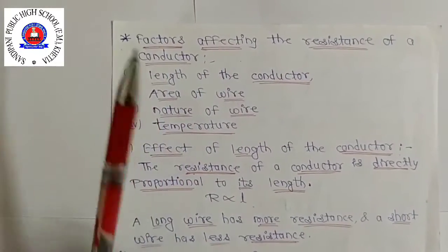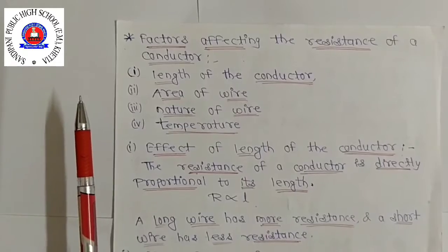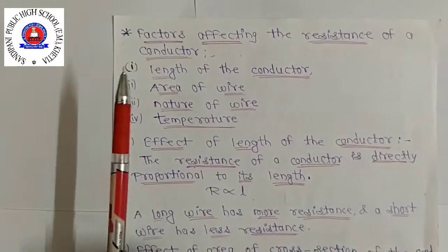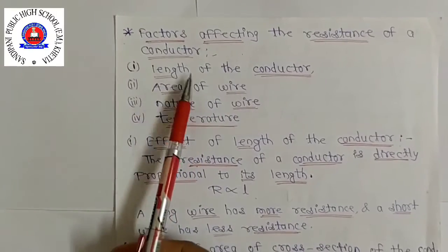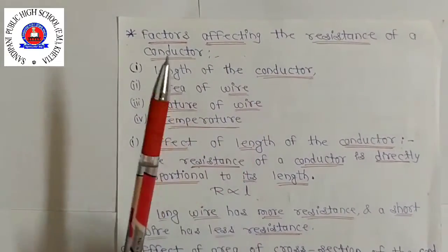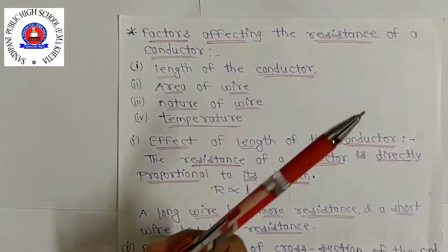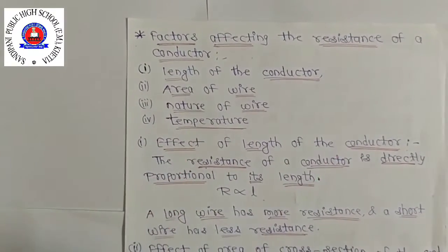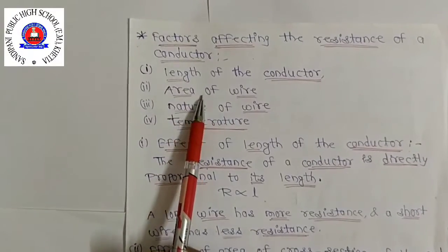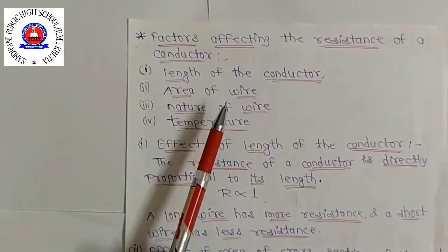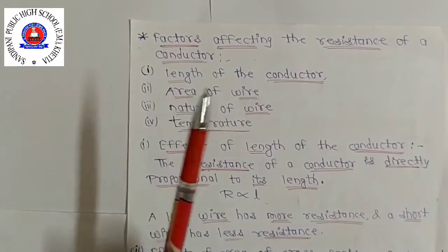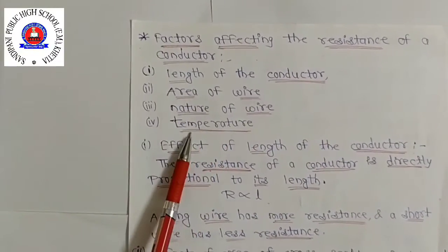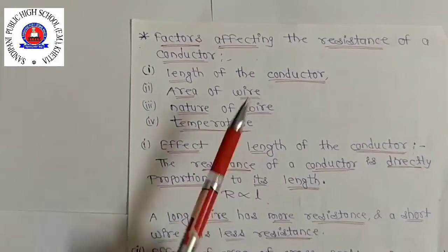The electrical resistance of a conductor, or a wire, depends upon the following factors. First, length of the conductor. Second, area of cross section, or thickness, of the conductor. Third, nature of the material of the conductor, meaning what material it is made of. And fourth, temperature of the conductor.